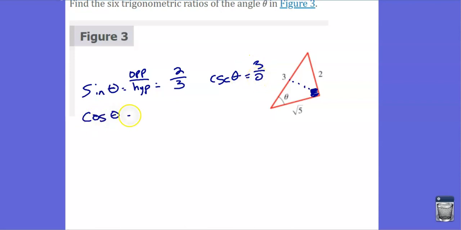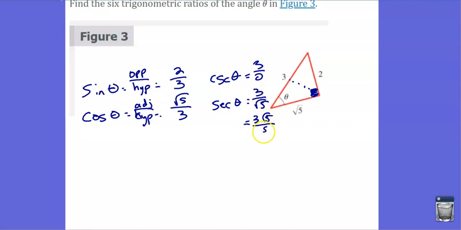Cosine of theta is adjacent over hypotenuse, so that would be square root of 5 over 3. Secant is the reciprocal of that, 3 over square root of 5, or 3 square root of 5 over 5 if you simplify that. And then, of course, you've got tangent.